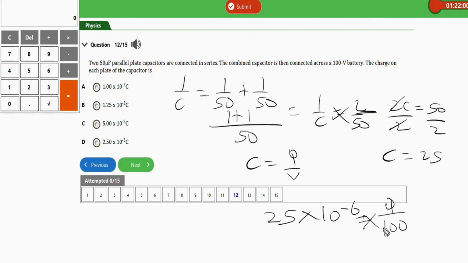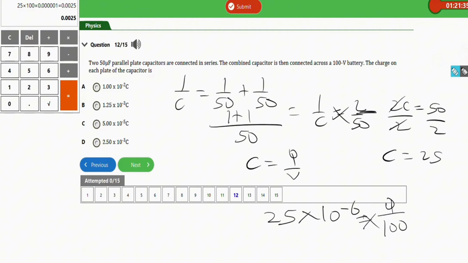So when you cross multiply, let's punch this on the JAMB calculator. We have 25 times 100 times 10 to the power negative 6. Let's see the output. We have it to be 0.0025.